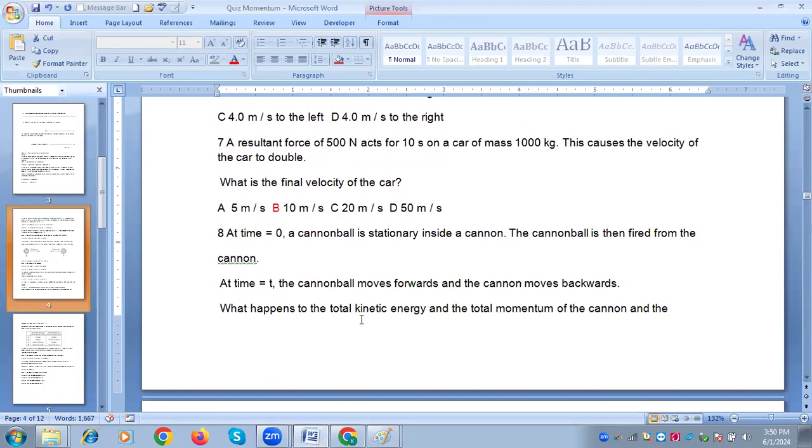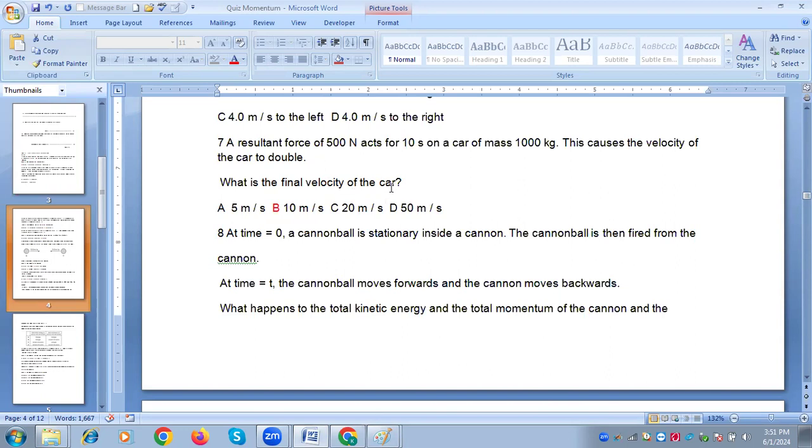Now question 7. A resultant force of 500 Newton acts for 10 seconds on a car of mass 1000 kg. This causes the velocity of the car to double. So what was the velocity in the beginning? Not given. And the final velocity is to be found out.